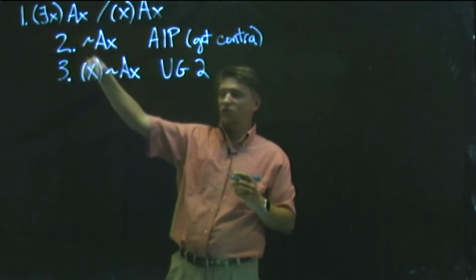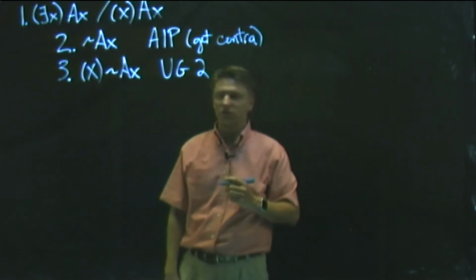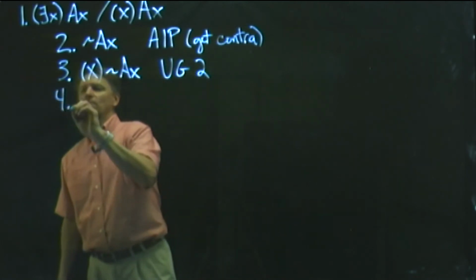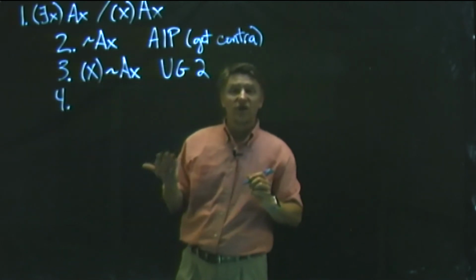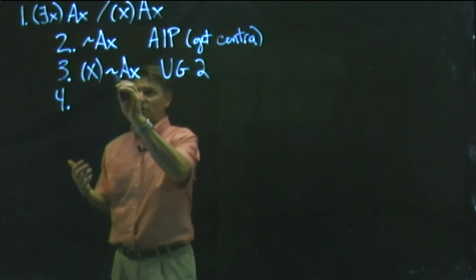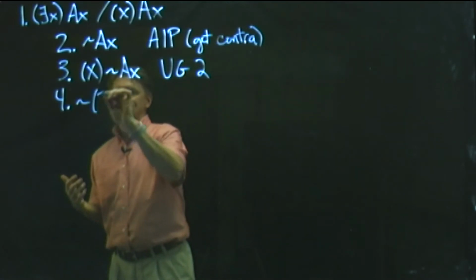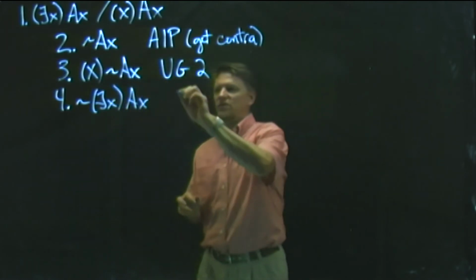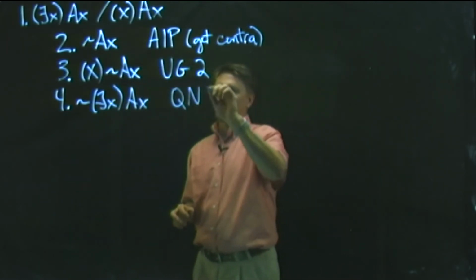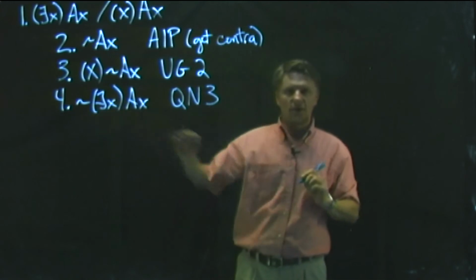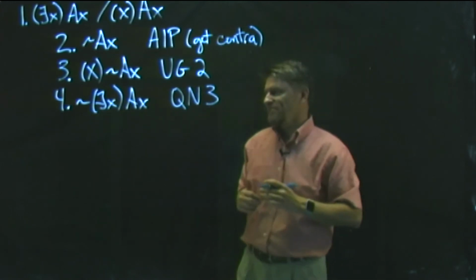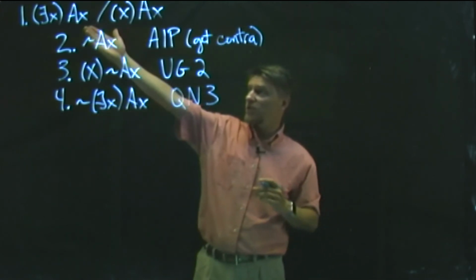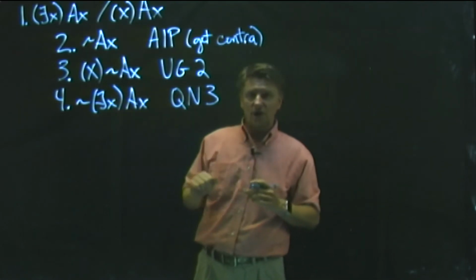We need to match the quantifiers to perhaps accomplish that. So we'll remember the quantifier negation rules, which allow us to take that tilde and move it to the other side, like so. Took the tilde and moved it to the other side. Now I think it's pretty clear with 1 and 4 we have a contradiction.